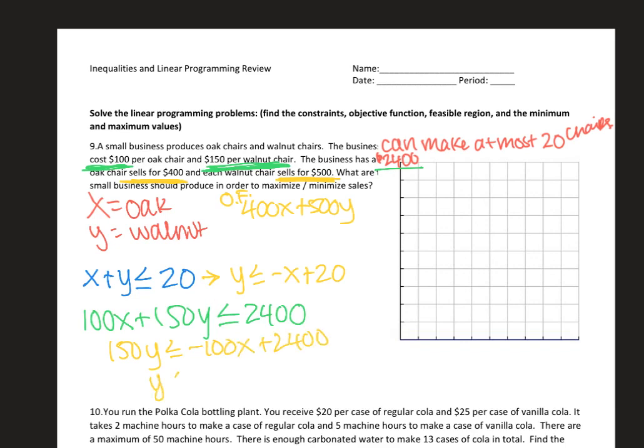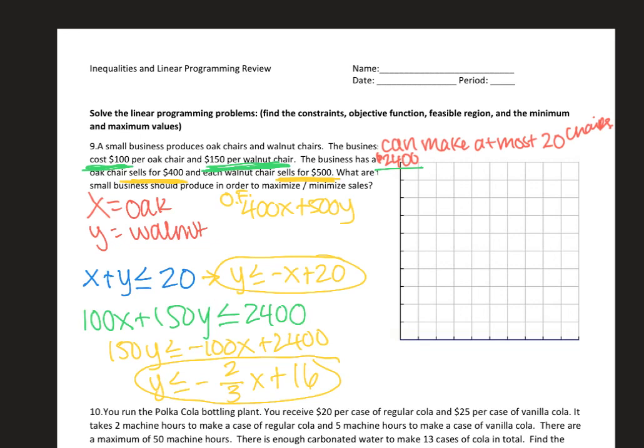Divide by 150, y is less than or equal to negative 2/3 x. So 10 over 15, take out a 5, 2/3. And then 2,400 divided by 150, 16. So I'm going to use this function and this function.